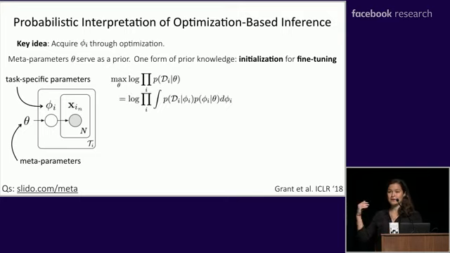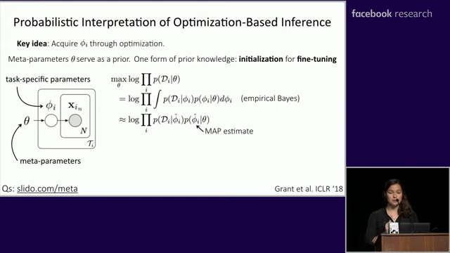You can write this out, similar to the equations that Sergey showed earlier, as an integration over the task-specific parameters phi, which are not observed. This is simply empirical Bayes. Of course, this integral is quite intractable, so one thing we can do is approximate it with the maximum a posteriori estimate of the task-specific parameters phi i.